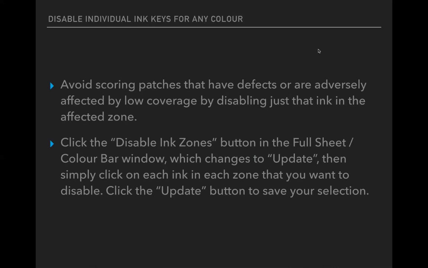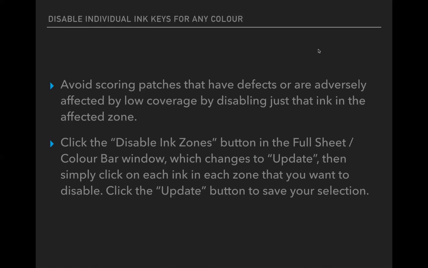The full sheet window has now been renamed the color bar window to better reflect the diverse number of print processes that don't necessarily measure a full sheet, if you see what I mean. It's the same window, the buttons are in the same place, and it does the same thing.